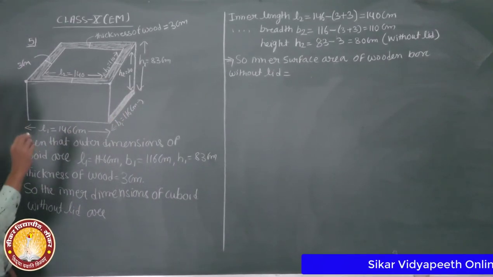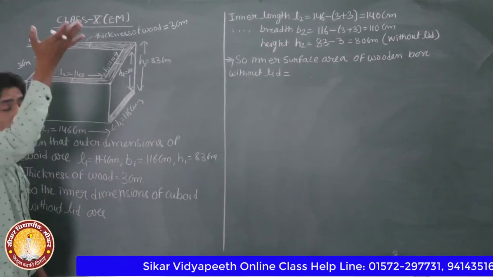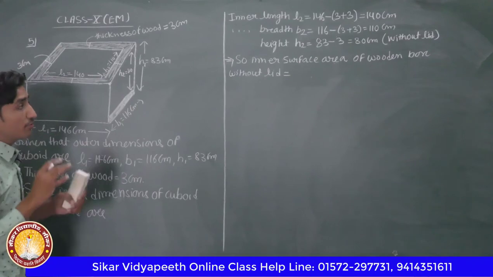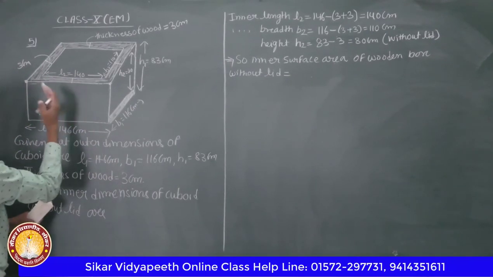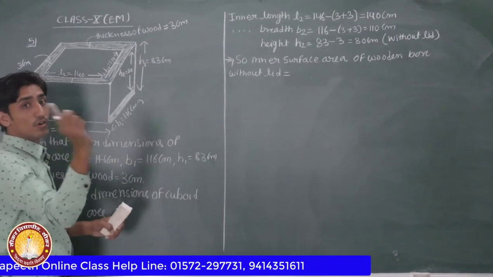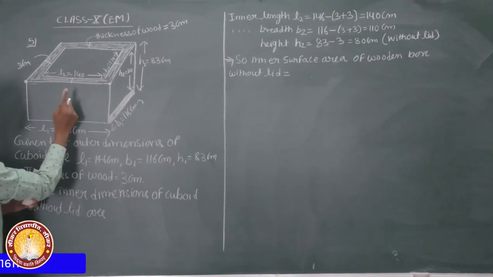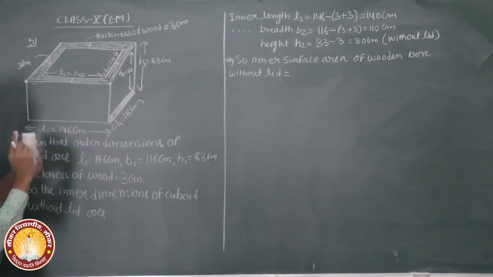The box is open, which means there will be no roof. So if we find the total surface area of the box, it is the area of four walls and the area of the bottom.